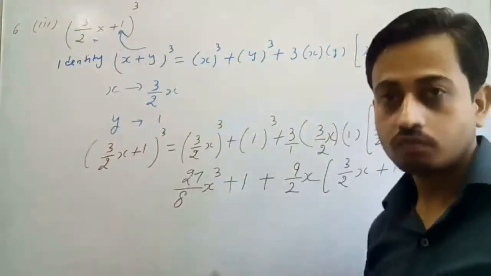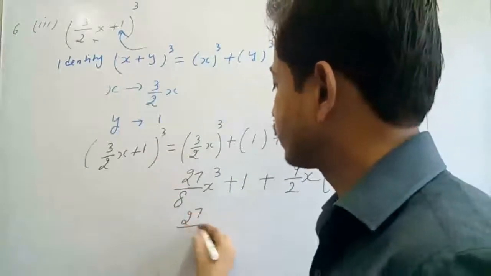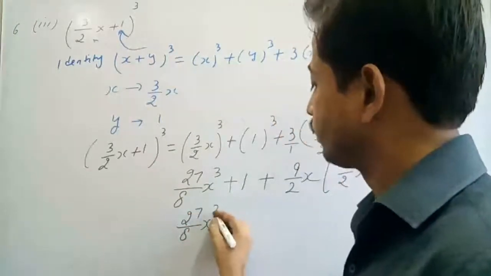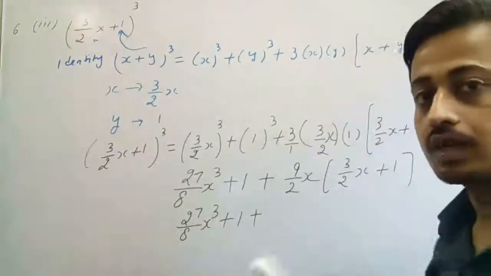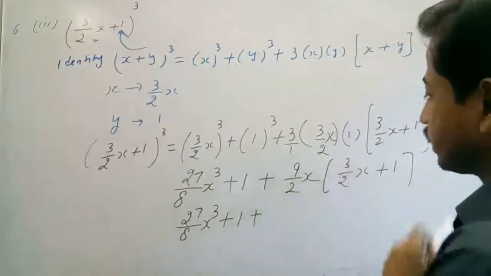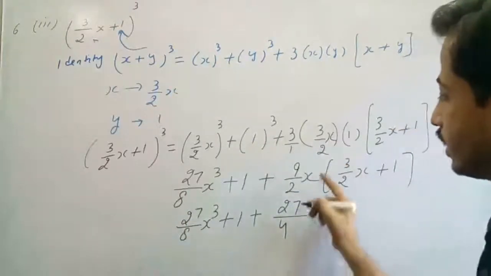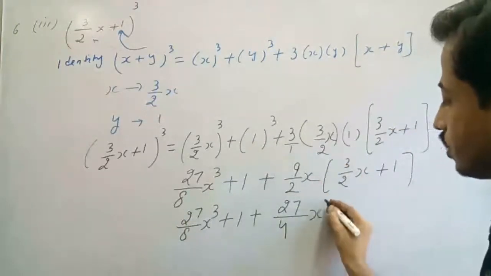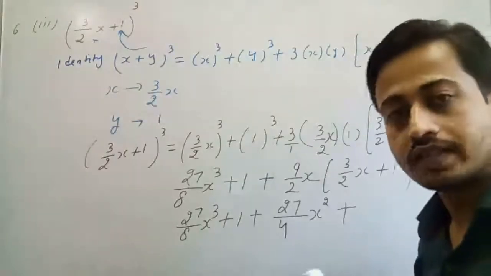It can be solved more. So what we have to do, open the bracket: 27 divided by 8x cube plus 1. Now do multiply, upper part with upper part. 9 into 3 we get 27, 2 into 2 we get 4, x into x we get x square, plus if we multiply with 1 we get the same term.